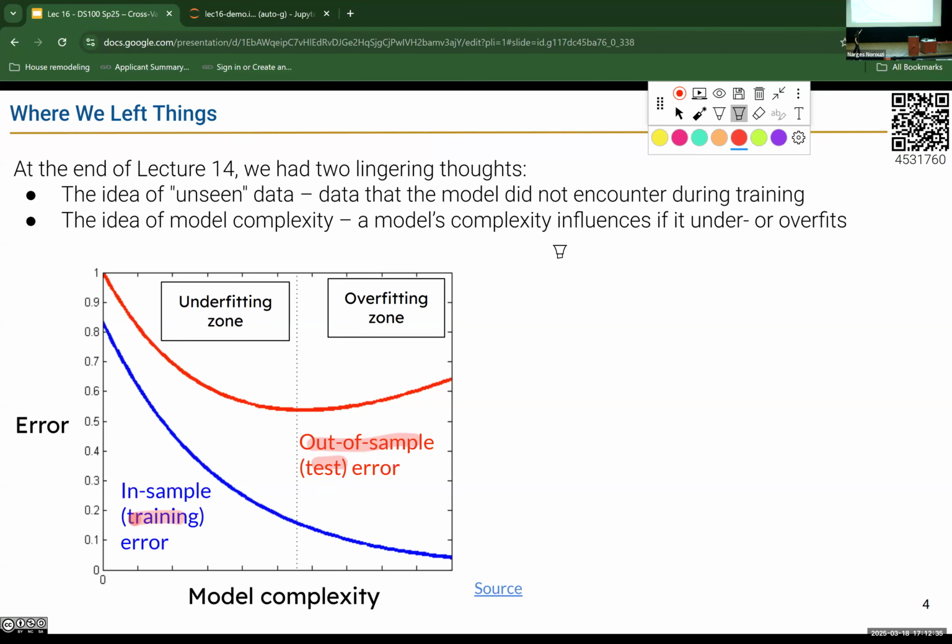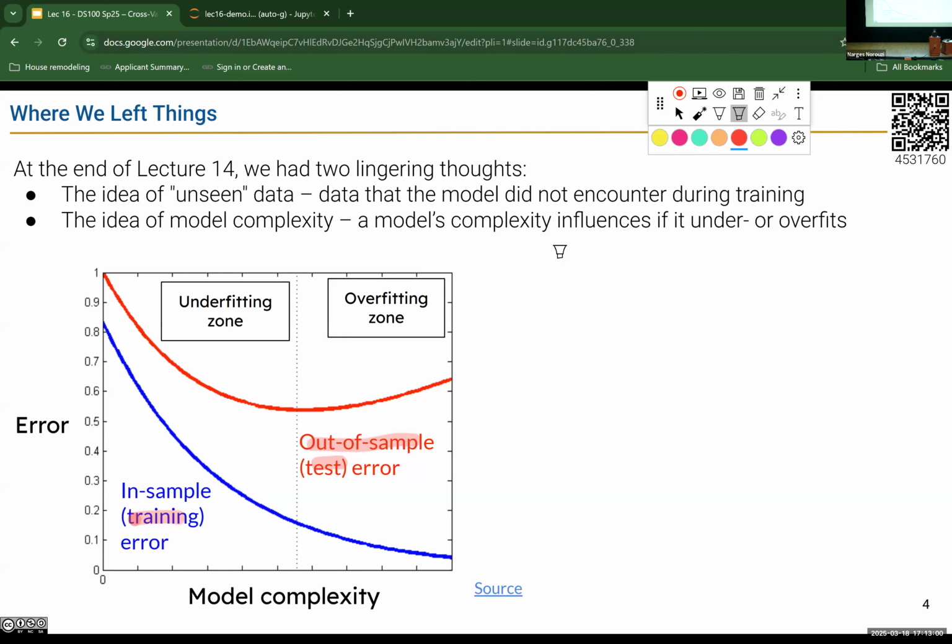But there is a point where the error on the out of sample data set, or the test data set, is going to increase. This tells you that the feature engineering that you kept doing in the training data was actually overfitting to the training data that you had. You were trying to fit to the noise of the training data as opposed to the actual trend in the training data.